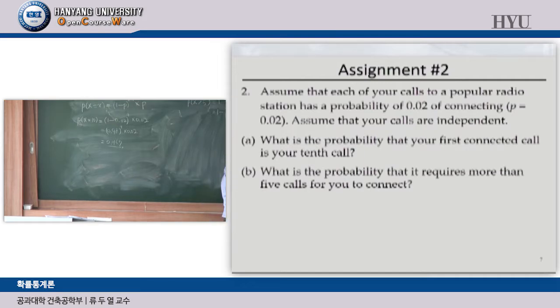It requires more than 5 calls. It requires more than 5 calls. And need to connect.